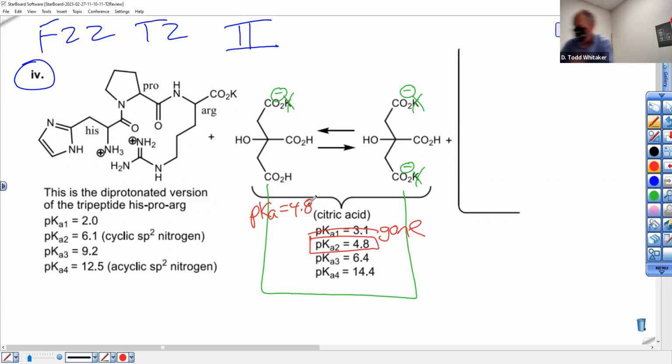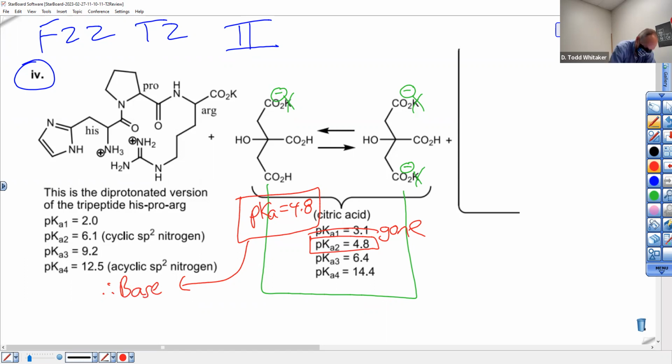And thank you, sir. And we've got, therefore, this molecule is that's an acid. Therefore, base. Okay. Oh boy. Okay, so we got a base.